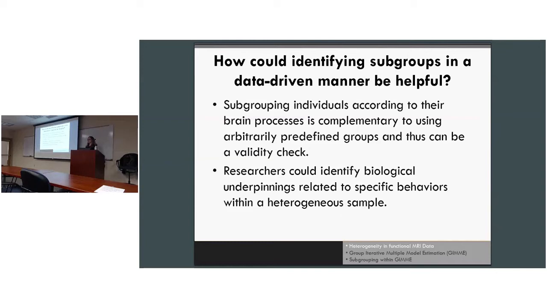So, for instance, maybe ASD versus typically developing controls isn't the best way to organize people given the brain regions that we're using and the task that they were doing. Maybe actually it's differentiated better based on age, if for instance it's a visual task. And then researchers can also identify biological underpinnings related to specific behaviors in heterogeneous samples. So if I have, for instance, my sample of ADHD, I could see which biological underpinnings relate to what set of symptoms or behaviors.